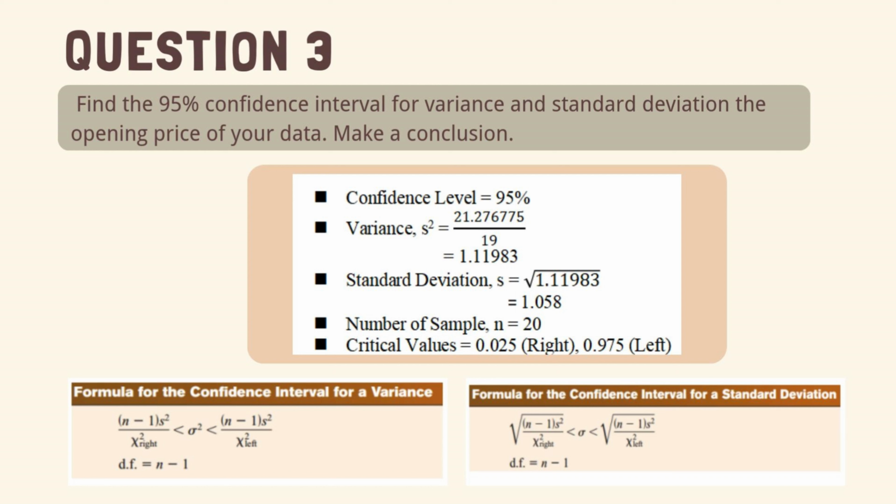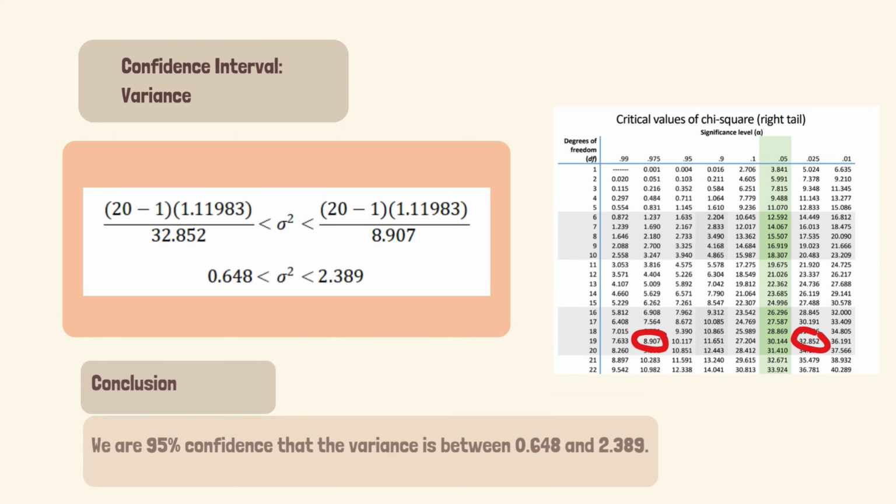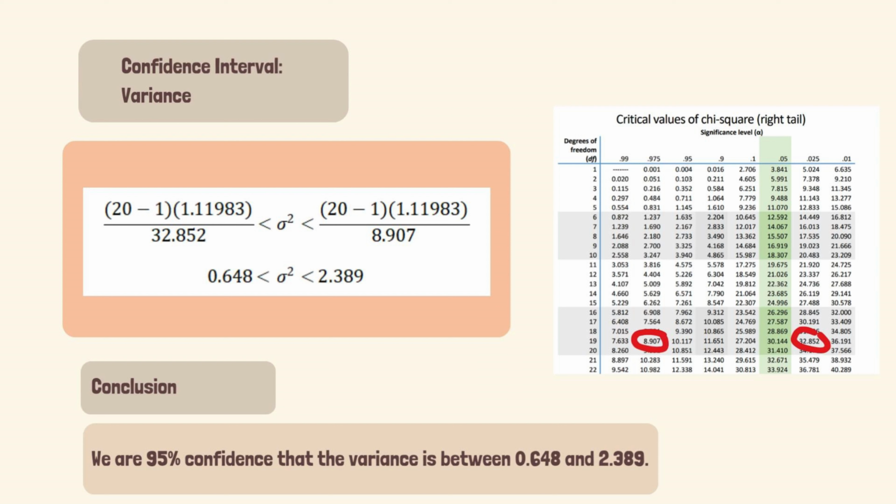The formula for the confidence interval for a variance and a standard deviation is stated below. Then we make the calculation for the variance. For the variance, we have (20 minus 1) times the variance divided by 32.852 for the left side, and (20 minus 1) times 1.11983 divided by 8.907 for the right.